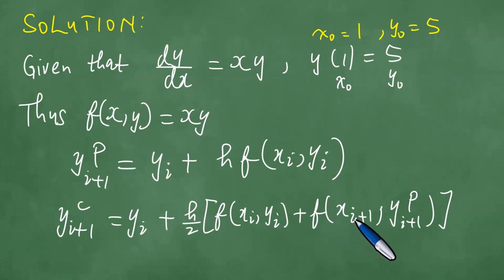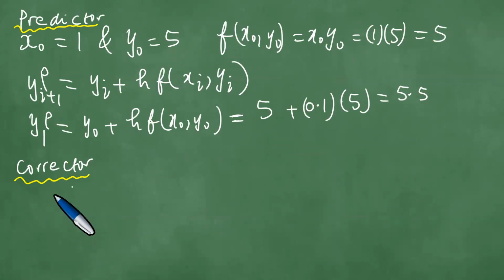It also has xi plus 1, and it has the predictor value put here as well. So let's just do the calculation that will be next after this predictor, because it's always predictor, corrector, until we get the answer. And we shall state when we have got the answer.